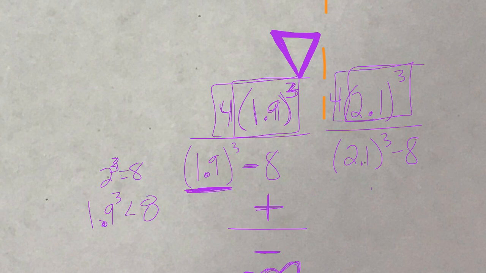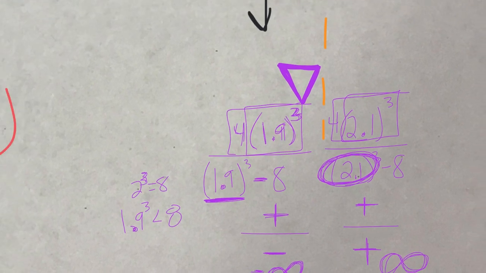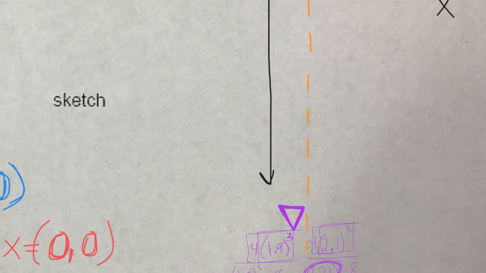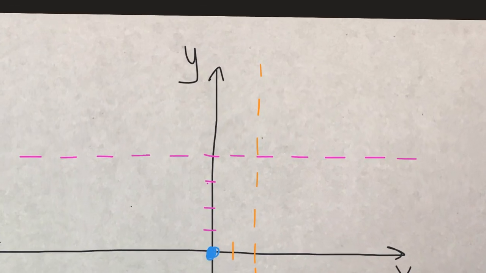A positive times positive 4 is a positive. 2.1 cubed is a number larger than 8. So a number larger than 8 minus 8 is also a positive number. So a positive over a positive is a positive. So our graph will go up to positive infinity on the right side.